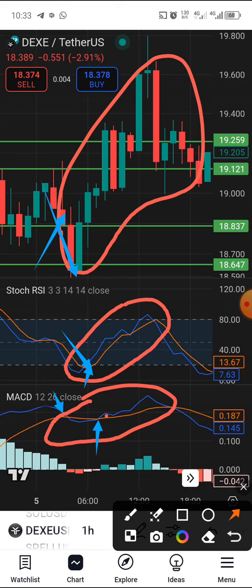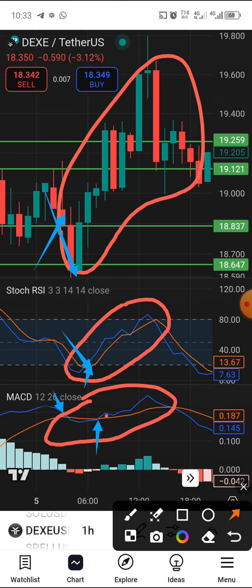Now, the blue line is what we call the signal line, and the brown line is what we call the average line.